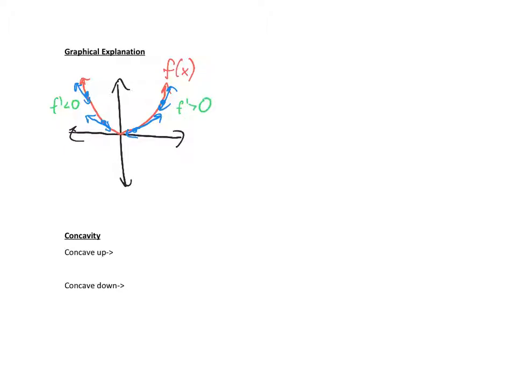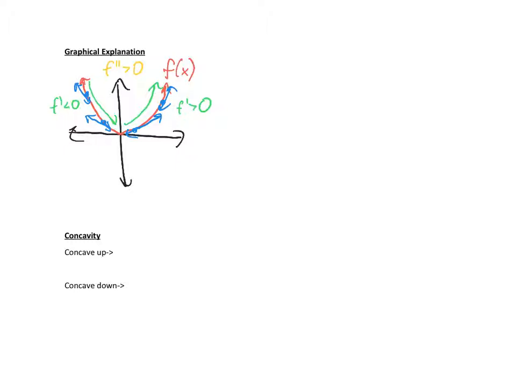Well, what I would also notice is that here the derivative goes from very negative and swings around to less negative, and then here it turns to positive. So here I would say the first derivative is actually increasing, and so f double prime is positive over this entire function.